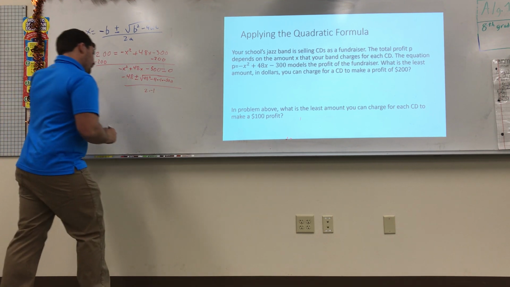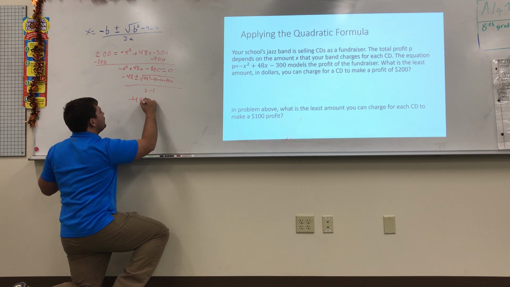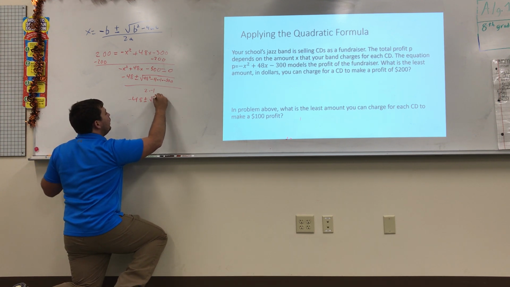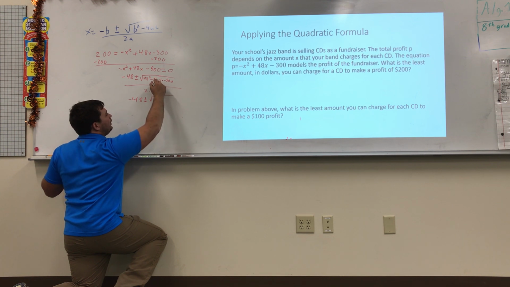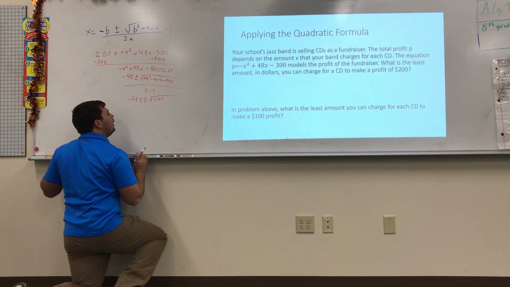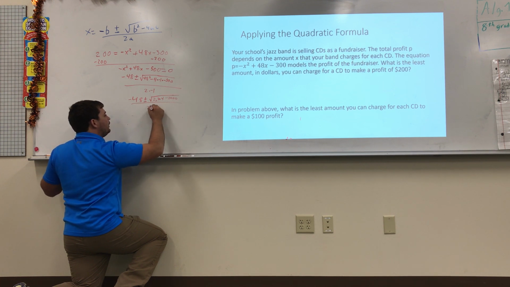When I go to simplify that, I'm going to get negative 48 plus or minus the square root. 48 squared is going to be 2,304. Multiply this together: negative 4 times negative 1 is 4, times negative 500 is going to give me negative 2,000, all over negative 2.